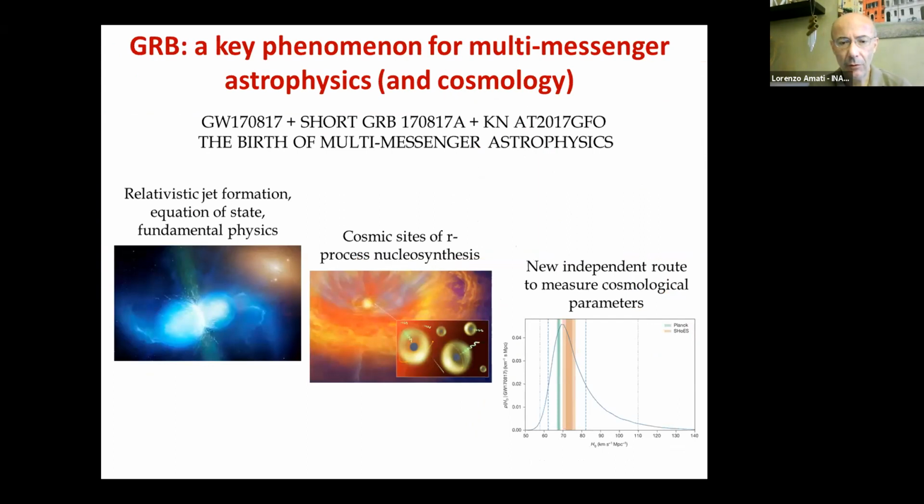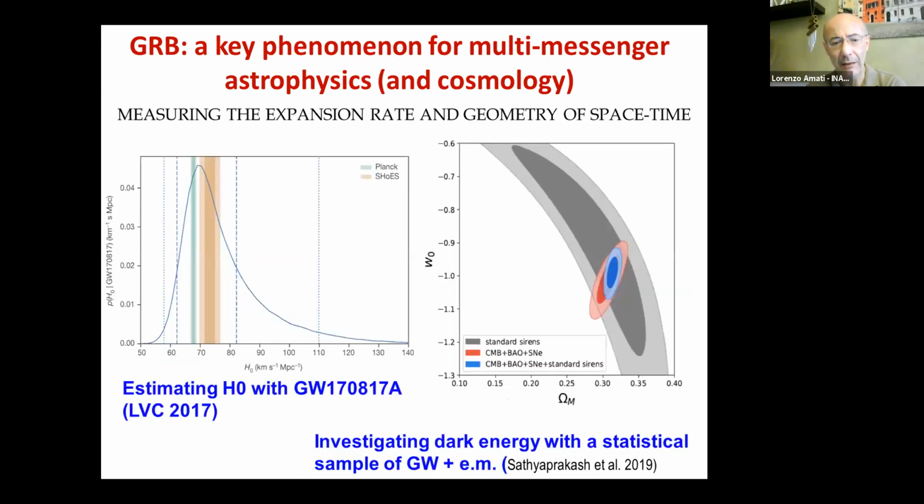So what can we do by putting together the gravitational wave and electromagnetic measurements for this kind of source? Of course, we can get a lot of information and do many studies on relativistic jet formation, the equation of state of neutron stars, fundamental physics, again radioactive decay, so the formation of very heavy elements in the universe, but also, as is shown on the bottom right, cosmology, multi-messenger cosmology, let's call it.